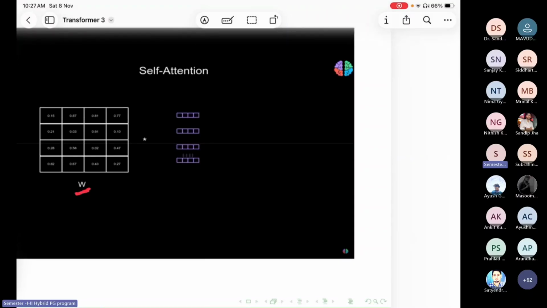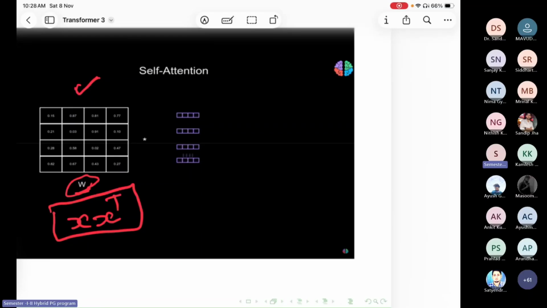The W matrix. And if I ask how it is happening, now you know how it is happening. The simple formula for correlation, considering every matrix, is x into xt. So your x is the matrix where we have all those x1, x2, x3, x4. Then you just multiply with the transpose of that, and you will get this W matrix.